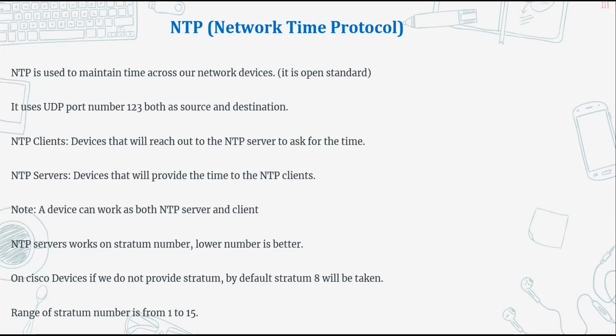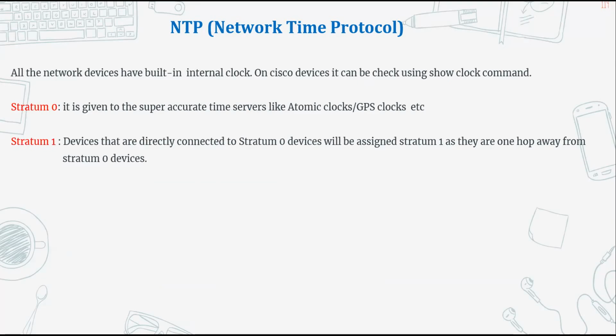On Cisco devices, when we use them as the NTP server, by default, if you do not provide any Stratum, they are going to use Stratum number 8. The range of Stratum number is from 1 to 15. All our network devices have a built-in internal clock.